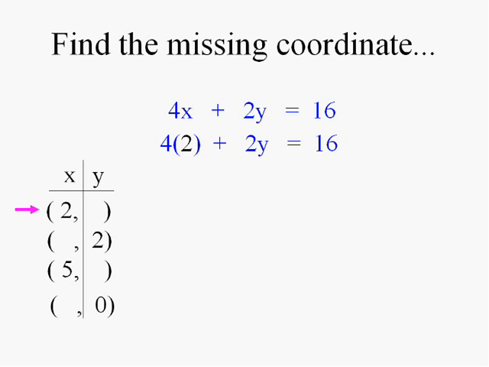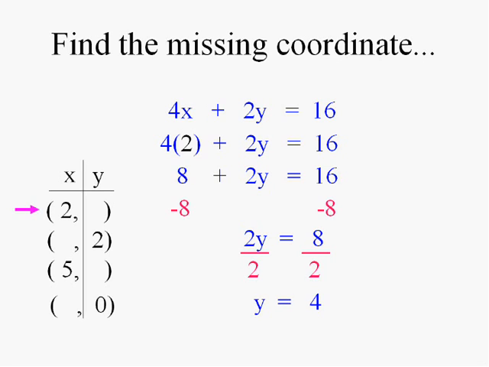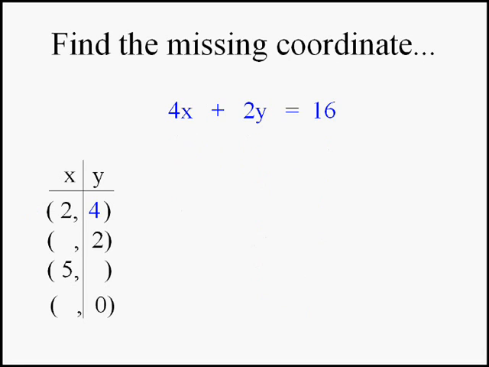Remember how to do that? 4 times 2 is 8. Now we have to get y alone. What will we do? Subtract 8 from both sides and divide by 2 to get y alone, and y in that case will be 4. And you made it fit. You found a solution to that equation, the ordered pair 2, 4.